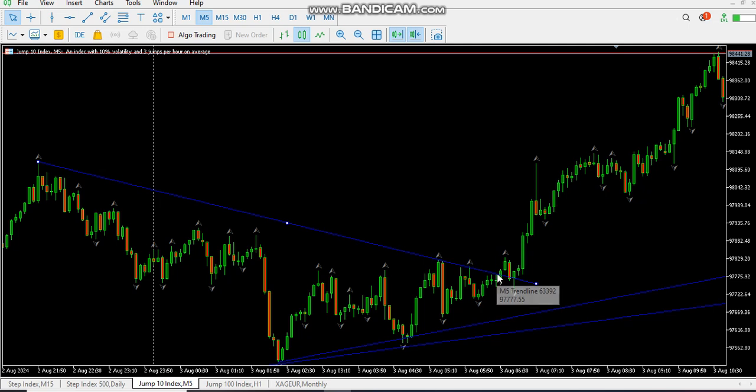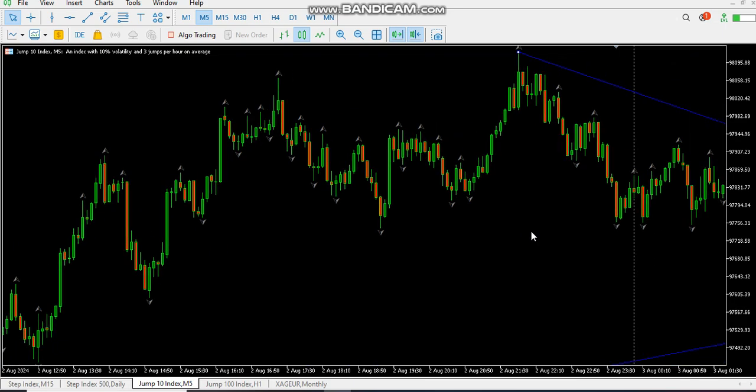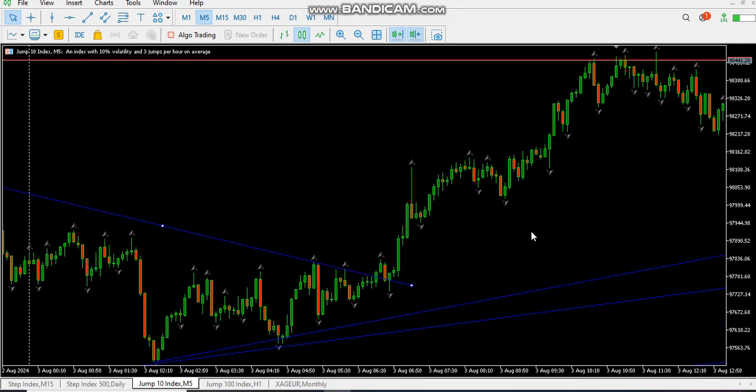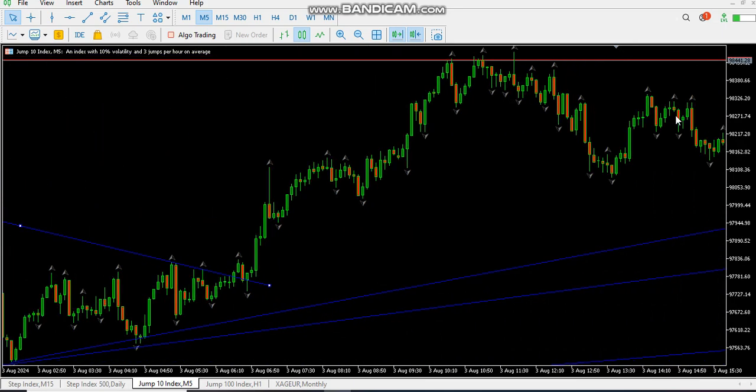And as you can see, when you entered here with the body closing above the counter trend line, though you were at loss for the first 15 minutes, but what happened for the next couple of minutes? In 5 minutes you were in profit. So this is how you use the continuation pattern.